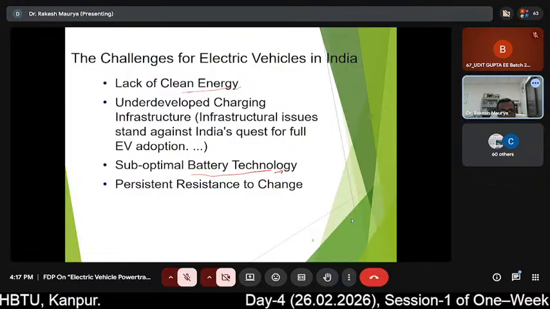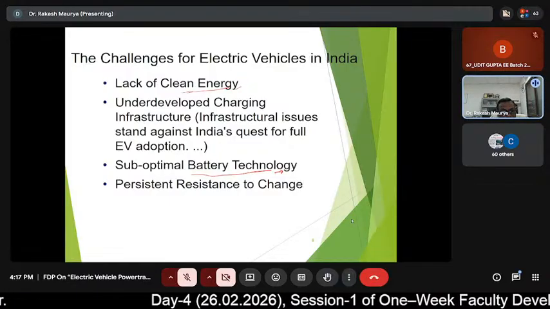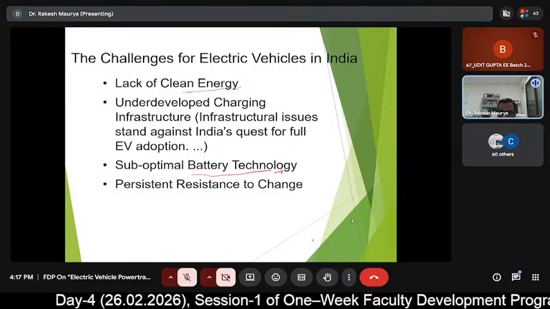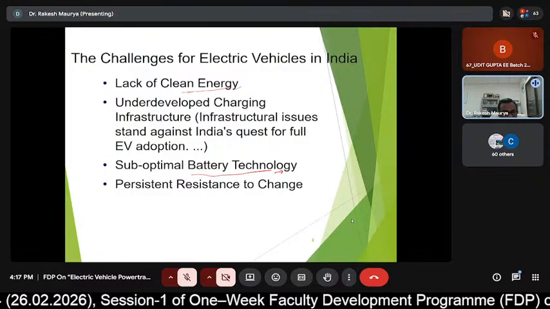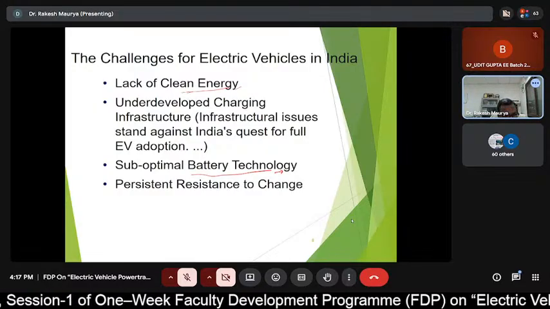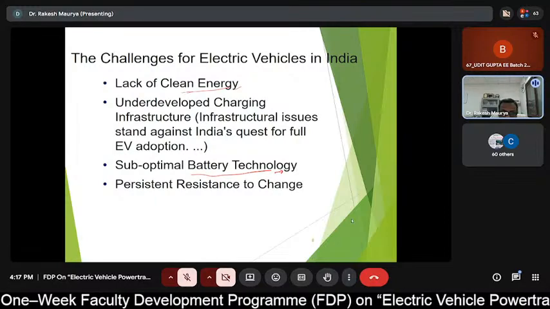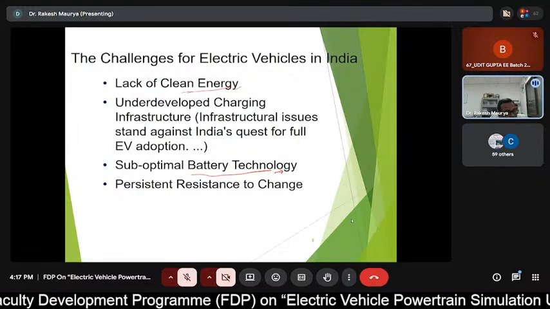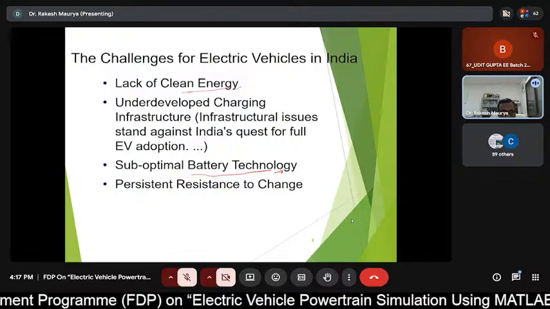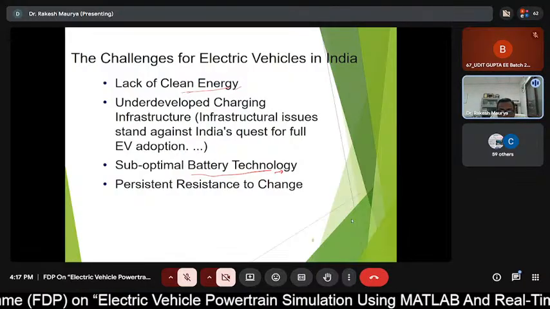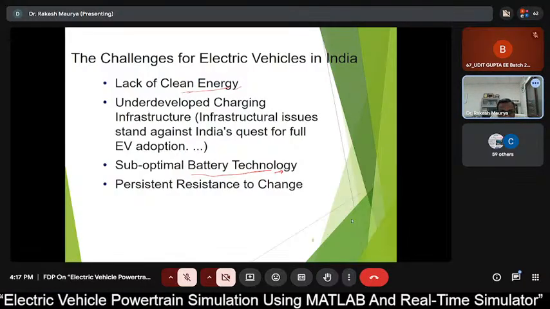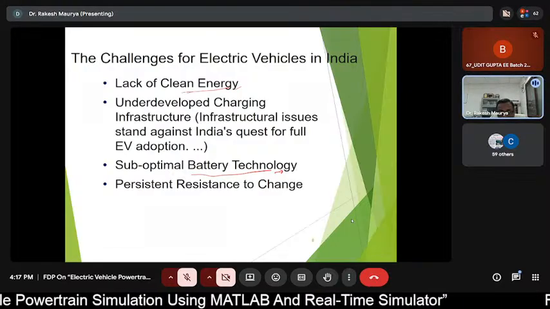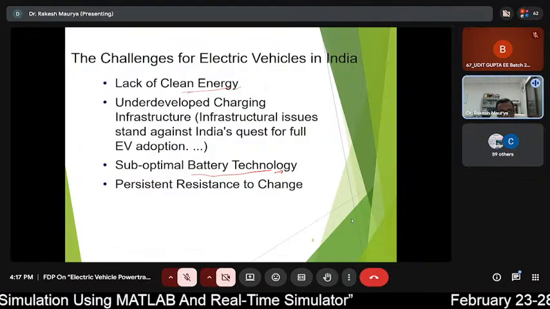Now, third is the suboptimal battery technology. If you see the growth of battery technology, we have lead acid based batteries. They have very poor charge density along with bulky size. And again, you are required to fill the liquids or electrolytes often.